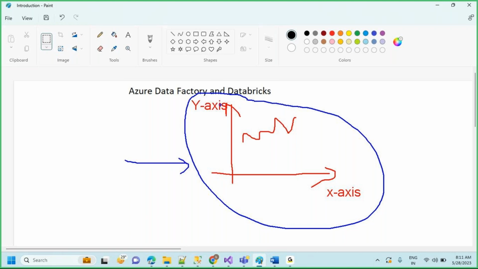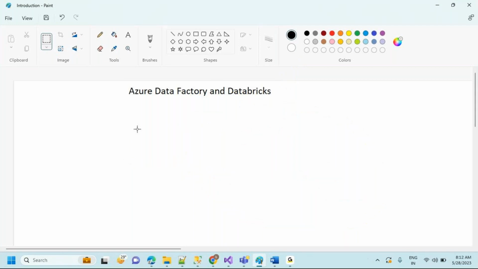When you are preparing data for this, how are you going to give the data to the downstream system? This is a downstream system, and we are going to work on top of this particular system. So we need to prepare the data according to business intelligence. So where exactly are we going to have the data?